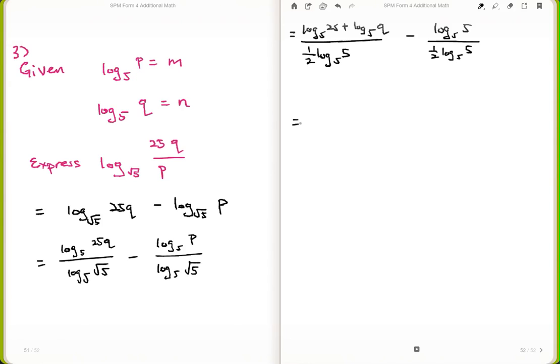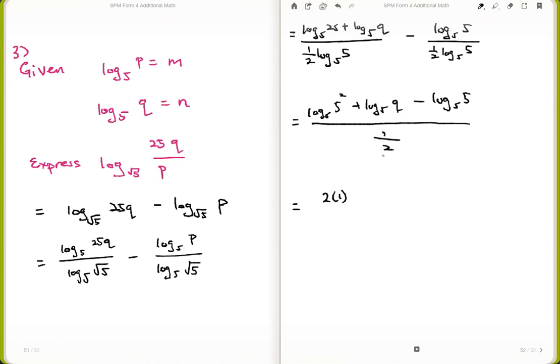So therefore here log 5 of 25 is log 5 of 5 squared, plus log 5 q minus log 5 p. I just copy what I have earlier, and the denominator is half here, because log 5 5 is 1. So here is also equal to 2 times 1.